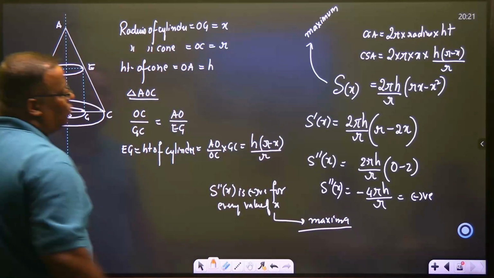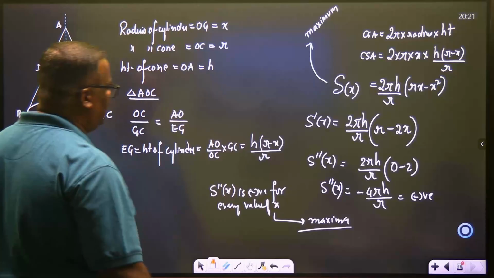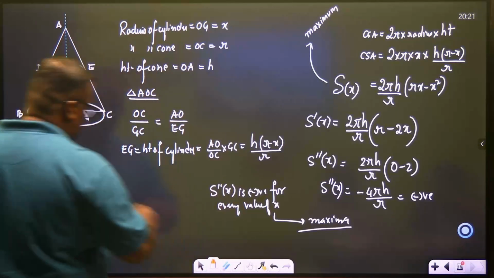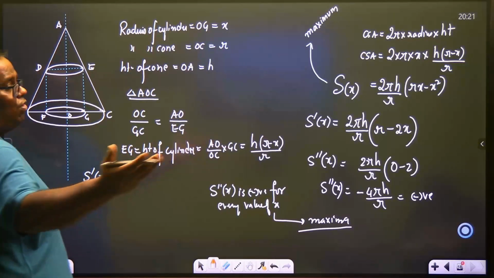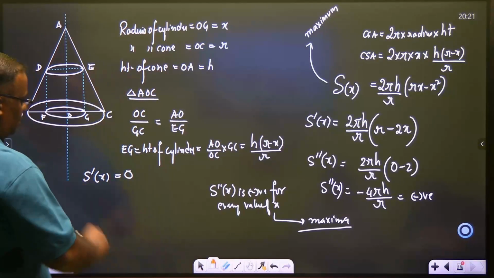So let's just equate S dash X equal to 0. Whatever value of X you get, that should be the value.